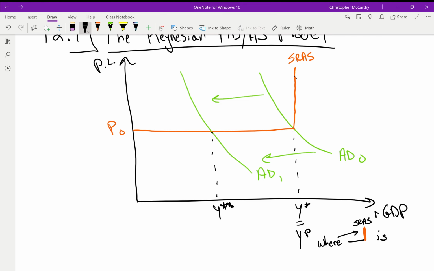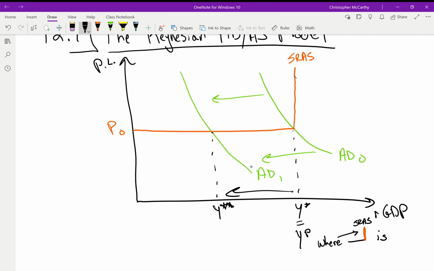So if we shift demand below our potential output, it is only going to affect GDP and have no effect on prices.